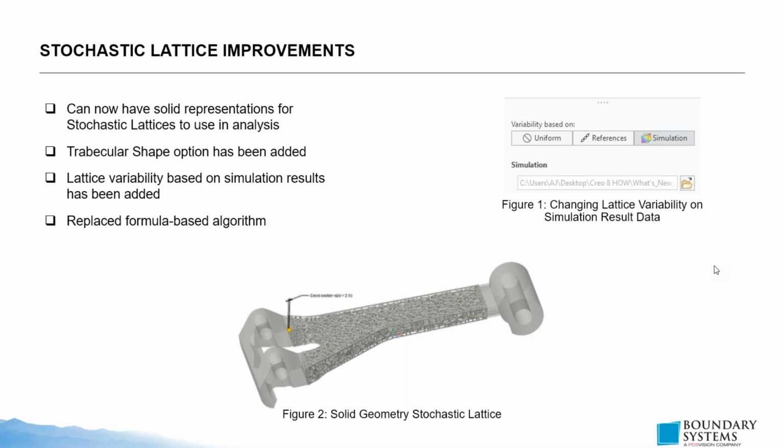So what this means is that we can selectively make this lattice denser, more thick, or thinner at certain parts of our model, depending on the needs of the stress that this model will encounter. This is a very cool change if you use stochastic lattices, and very, very exciting from an additive manufacturing standpoint. If you use additive manufacturing, I imagine this feature would save you a good amount of money.